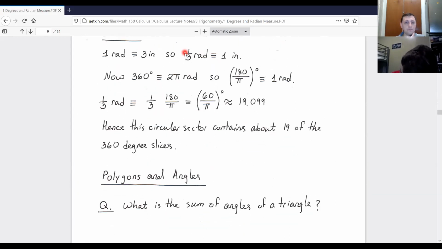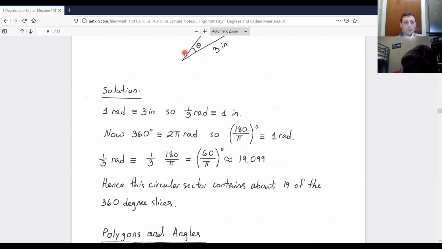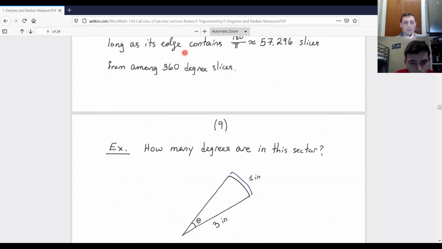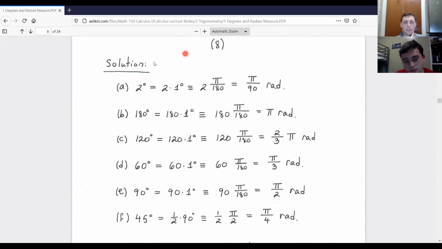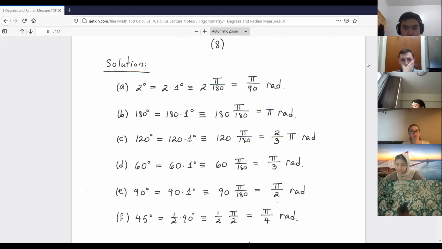So now, again, you would be converting. Please convert. Tell me again what is 1 radian in degrees. Convert 1 radian to degrees, please.